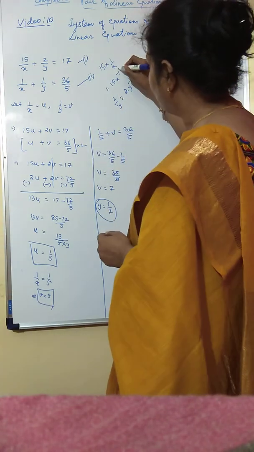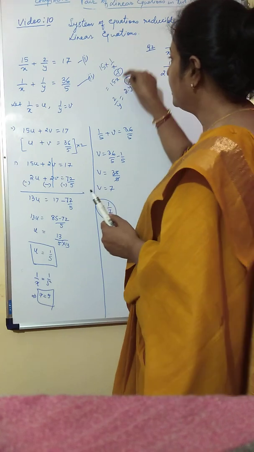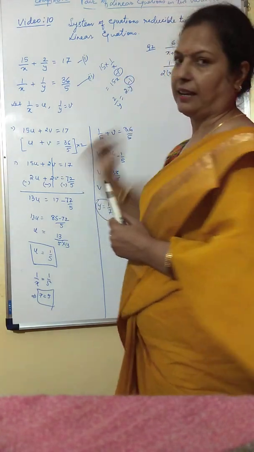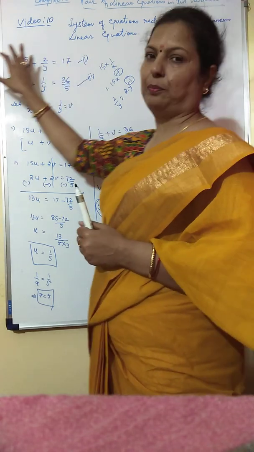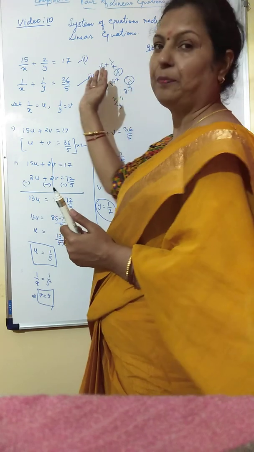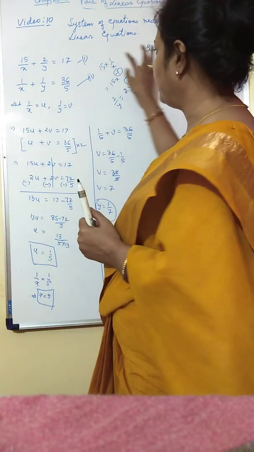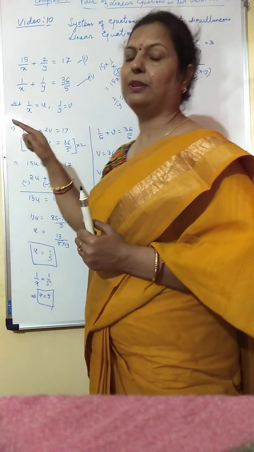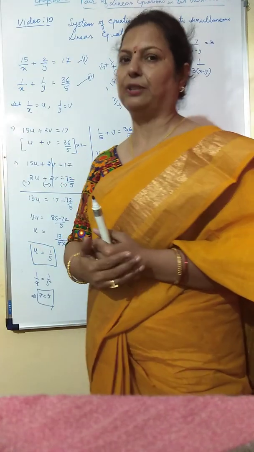So what is the change we are looking at here? We see that the powers of the variables are negative. If the powers of the variables are negative, this is not a polynomial at all. And if this is not a polynomial, we cannot treat it as a linear equation. Therefore, because the powers of the variables are negative, we have to convert it to a linear form first.